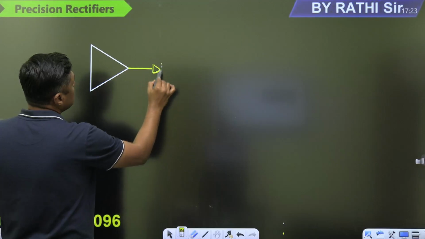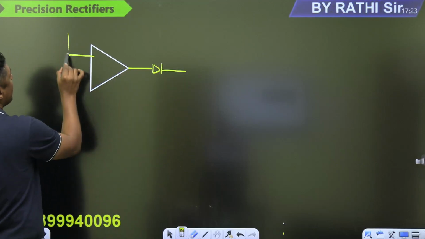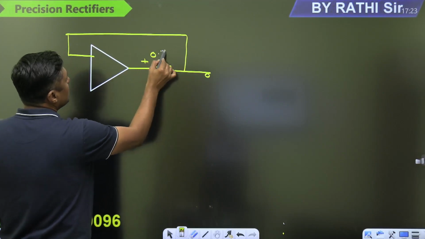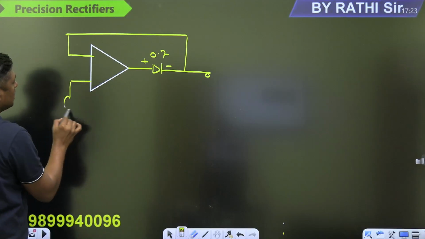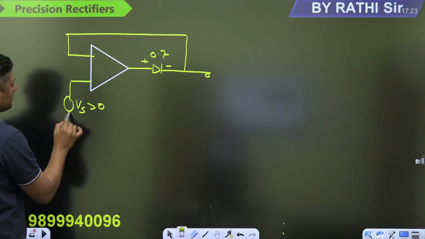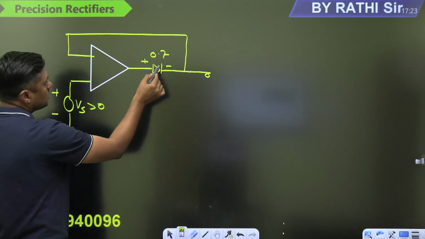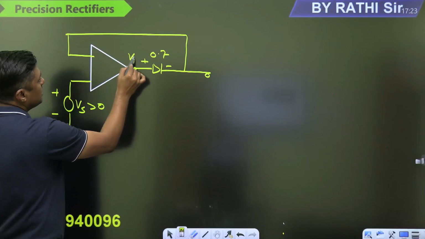For example, this is the diode. This is plus minus 0.7 volt. This is Vs for the positive half. That diode is on. What is the drop across the diode? 0.7 volt, and the voltage at this point is VA.